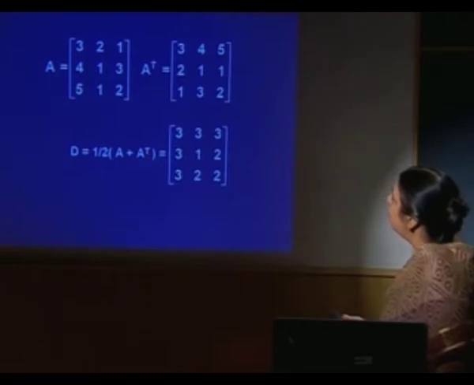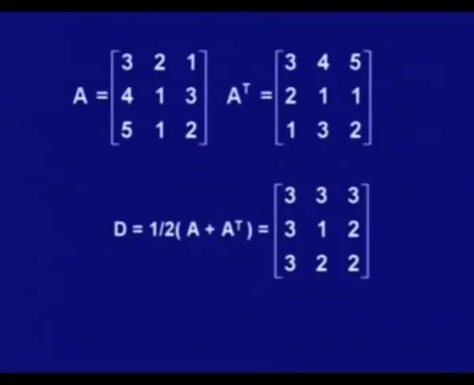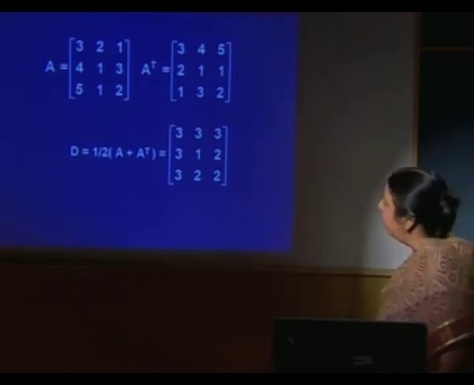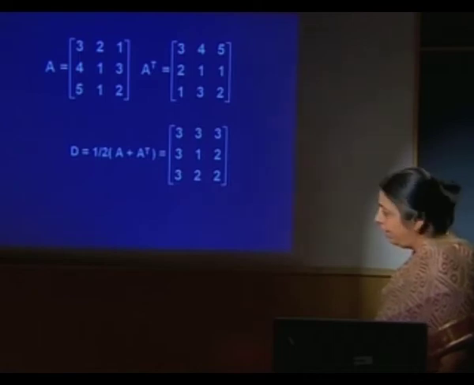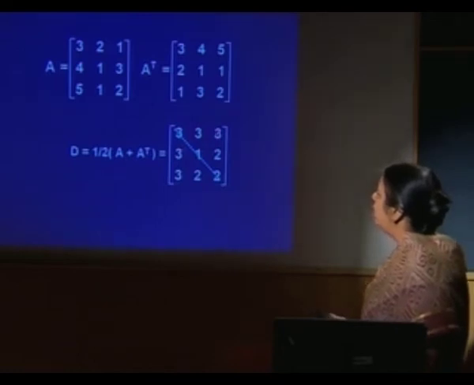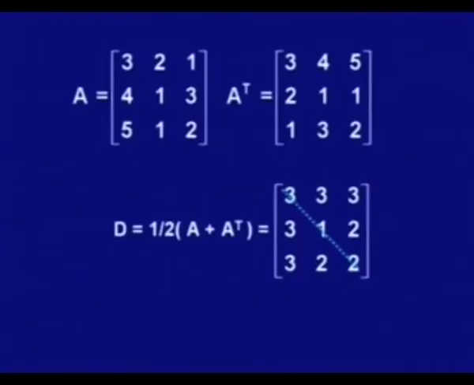If you sum this up, 3 plus 3 by 2 is 3, 2 plus 4 by 2 is 3, 1 plus 5 divided by 2 is 3. Similarly, other elements can be computed. So, this is D and one can notice that this matrix is symmetric. This 3 and this 3 are the same, this 3 and this 3 are the same, this 2 and this 2 are the same. So, this is a symmetric matrix.